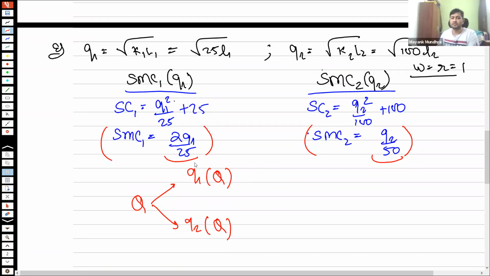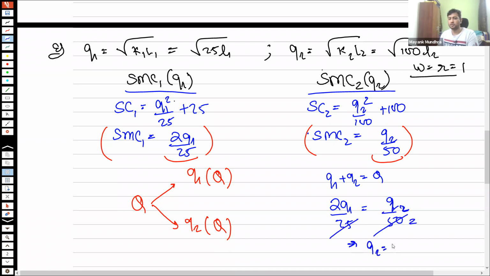After you have found these out, you are just going to use these equations: Q1 plus Q2 equals capital Q, and the marginal costs are equal. So 2Q1 by 25 should be equal to Q2 by 50. This cancels with this, and this becomes Q2 equals 4 times Q1.